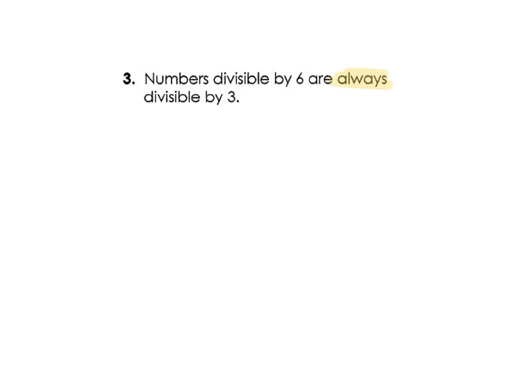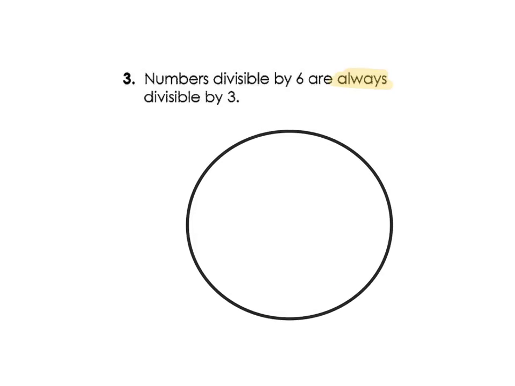When we're drawing our circles, we want to draw one big circle, and then a little circle inside of it, because all elements of our inner circle are elements of our bigger circle. So we would say all numbers divisible by 6 go on the inside.